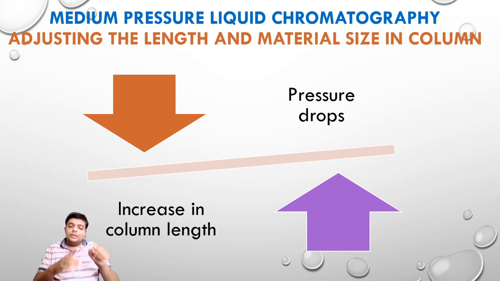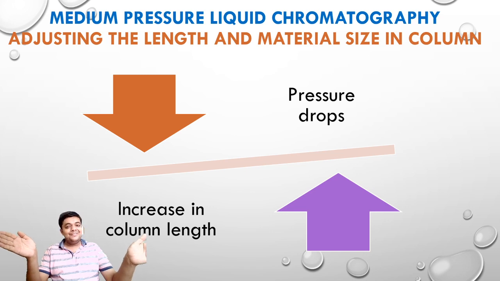So it can be correlated over here that when you adjust the length, you also have to adjust the material size. If you forget to adjust the material size, the pressure will drop. This is something which was already discussed in basics in chromatography in the form of theoretical plates. N is equal to L by H. I can prove it over here. Length is increased, means L is more.